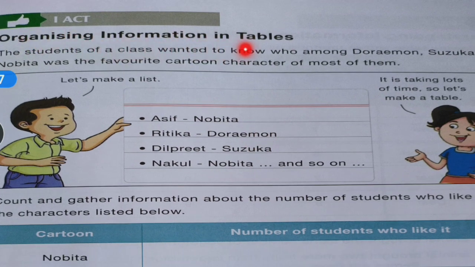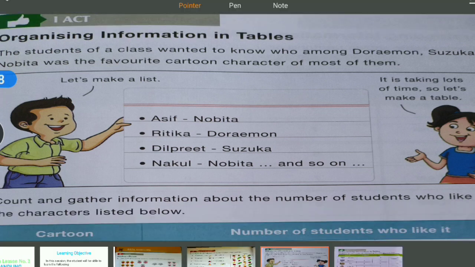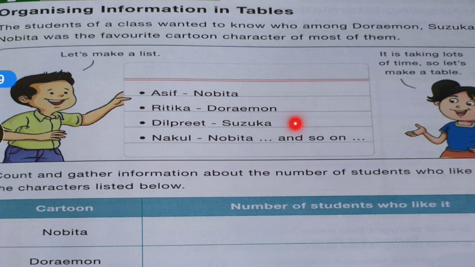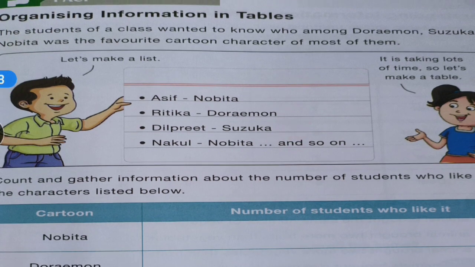organize information in tables. Okay, see children, here the two children have collected the information. The students of the class wanted to know who among Doraemon, Suzuka and Nobita was the favorite cartoon character of most of them.